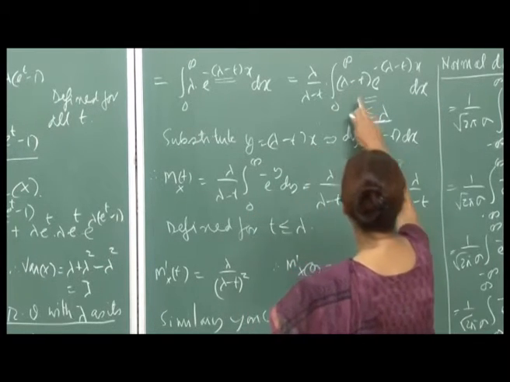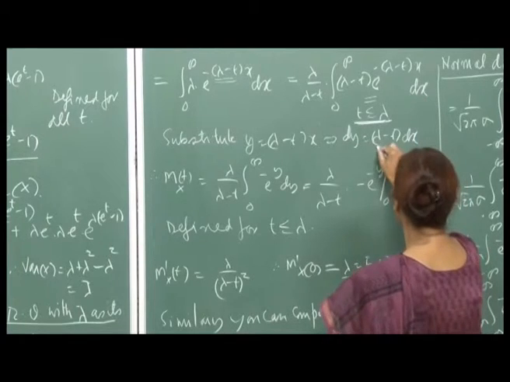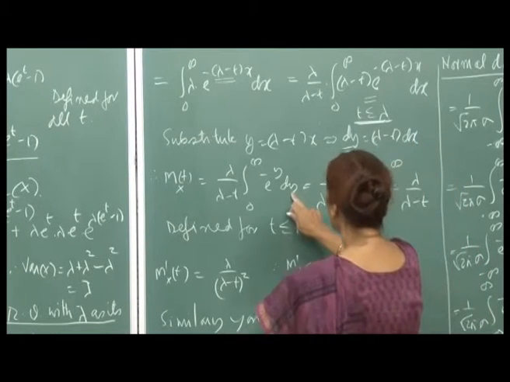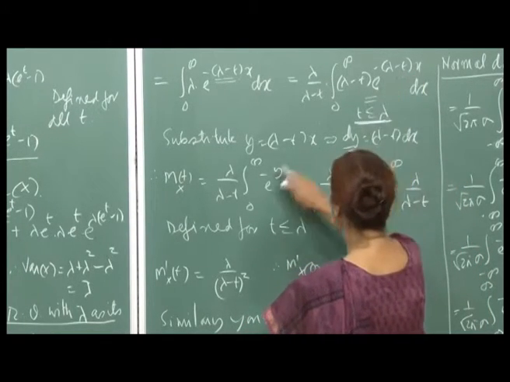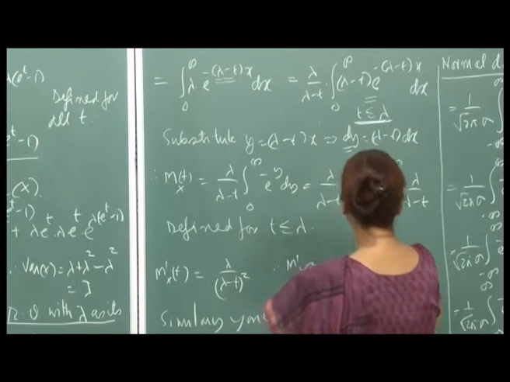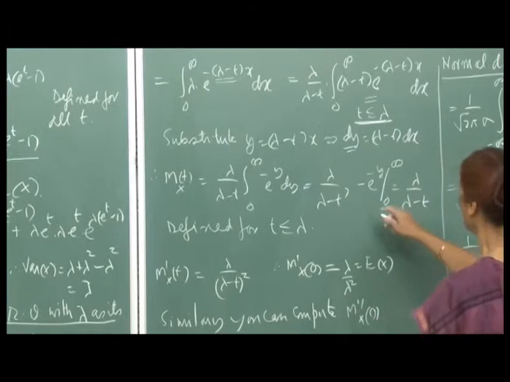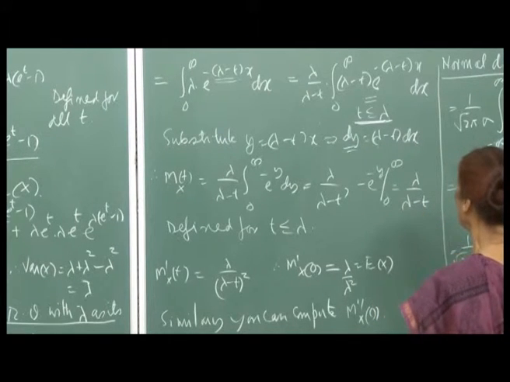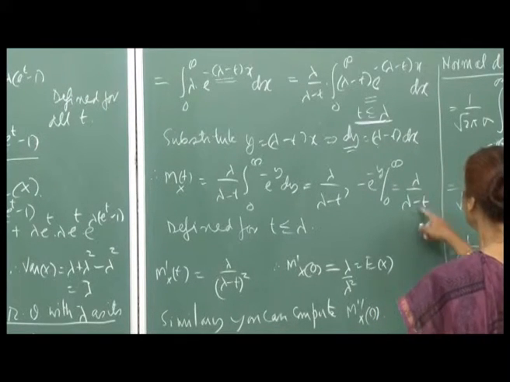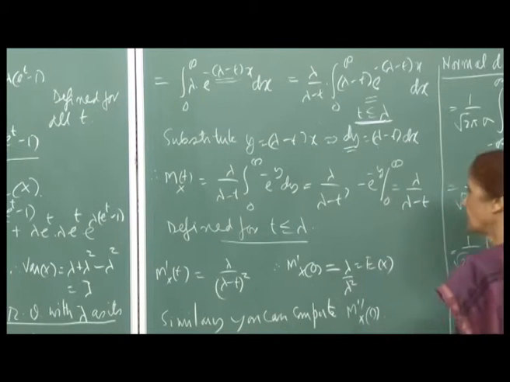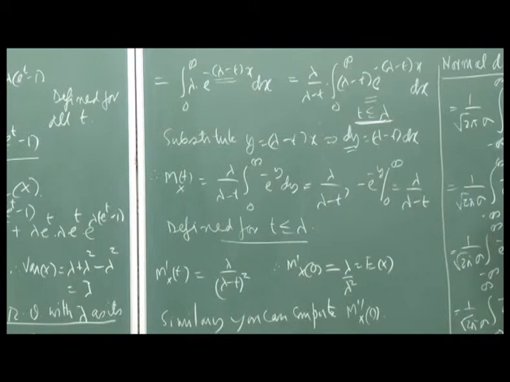So (lambda minus t) dx transforms to dy, and e raised to this thing is e raised to minus y, a simple integral. So minus e raised to minus y from 0 to infinity gives lambda upon lambda minus t. The MGF exists for t less than lambda and not t less than or equal to lambda.